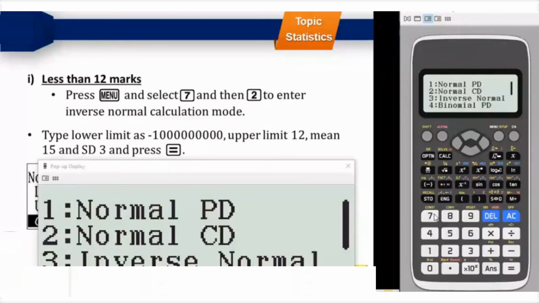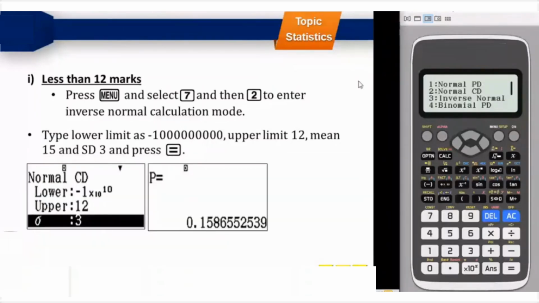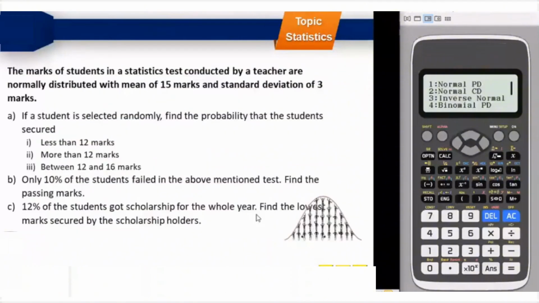It's a bell curve, and the bell curve is from minus infinity to infinity. The area under the bell curve is always 1 because the sum of all probabilities is 1, and the area under the bell curve represents probabilities.